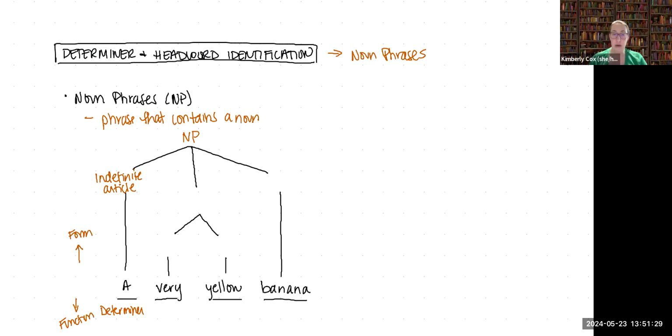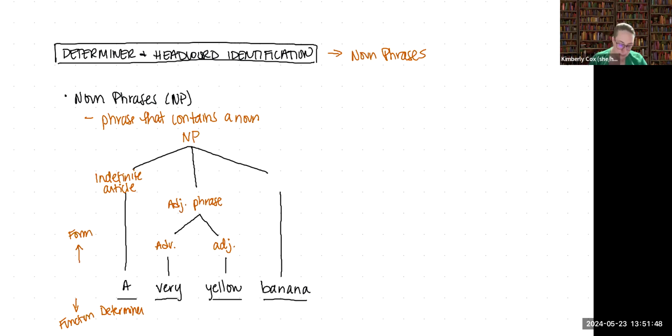So, very yellow. Very is an adverb. Yellow is an adjective. And what that means is that here we actually have an adjective phrase. Yellow is the head word of that adjective phrase.